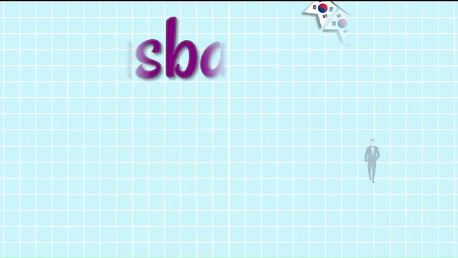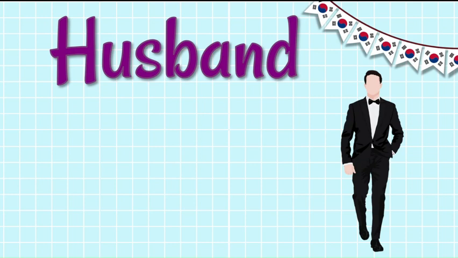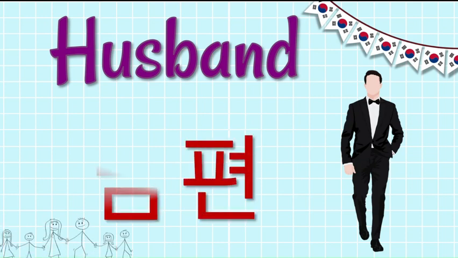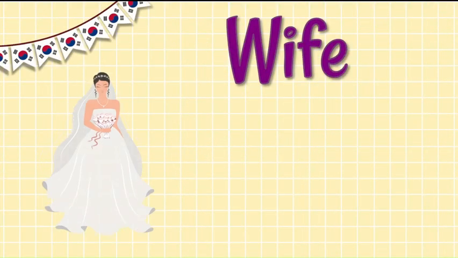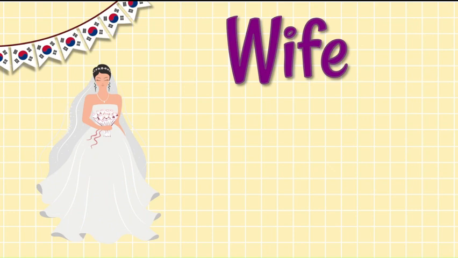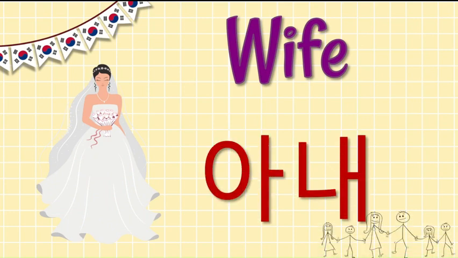Here comes the first word, and that is the Korean word for husband, 남편. 남편. Here comes the next word, wife. In Korean, wife is 아내. 아내. Now here is a very important note. There are other words too for husband and wife, but we are going to talk about them in a separate video.